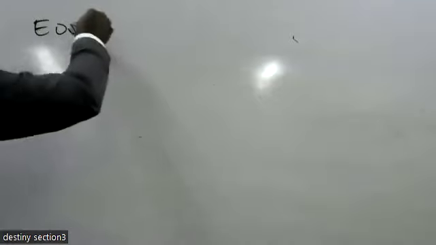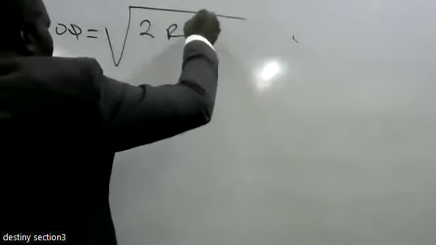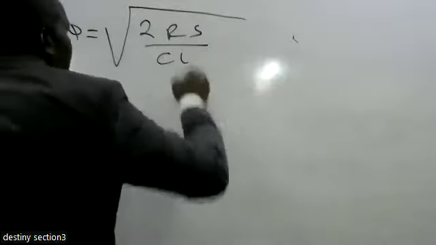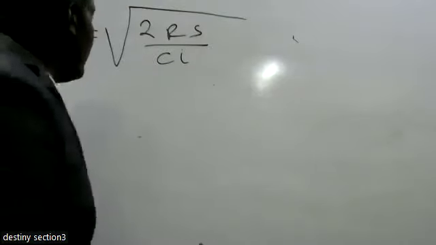So first get the economic order quantity. The economic order quantity is given by the square root of 2RS divided by CI. First, we calculate the economic order quantity.